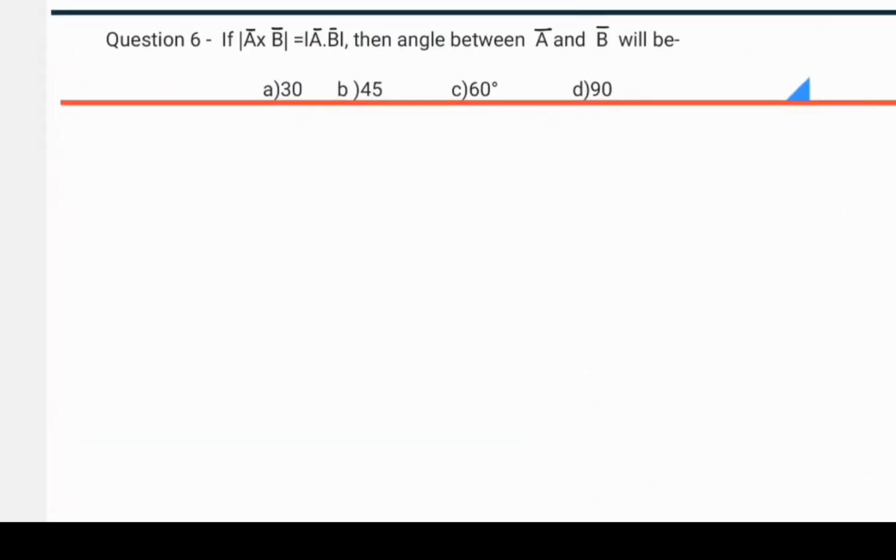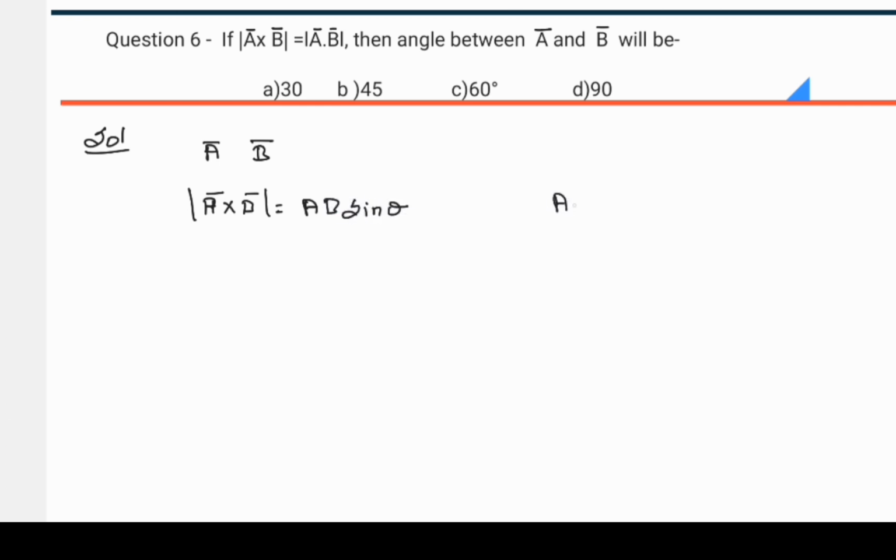Question number 6. If the magnitude of vector a cross b is equal to the magnitude of vector a dot b, then find the angle between them. Okay, it's very easy. Two vectors are given, vector a and vector b. We know the cross product magnitude will be equal to ab sin theta.